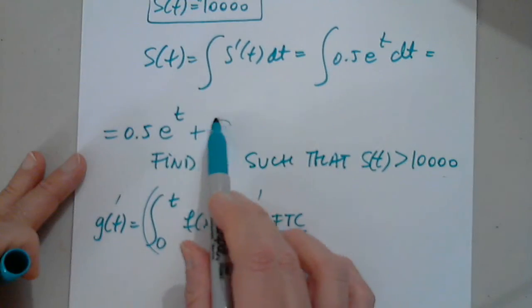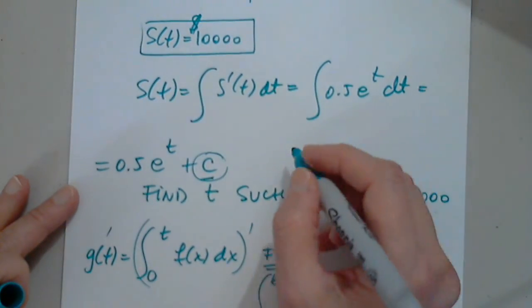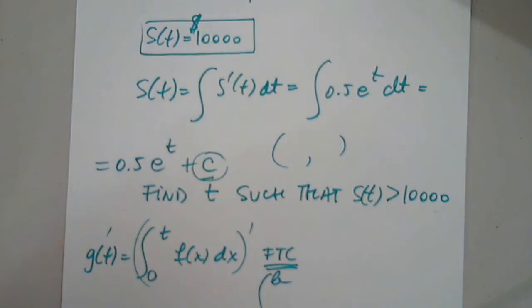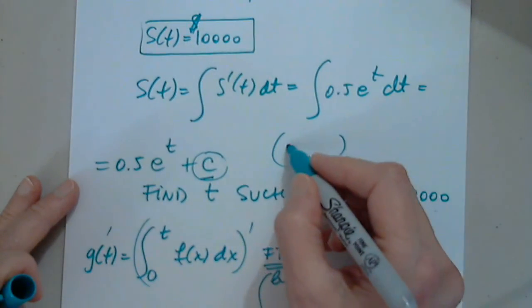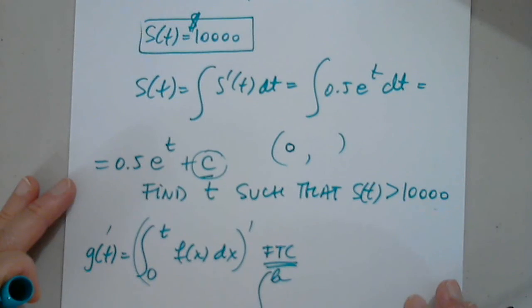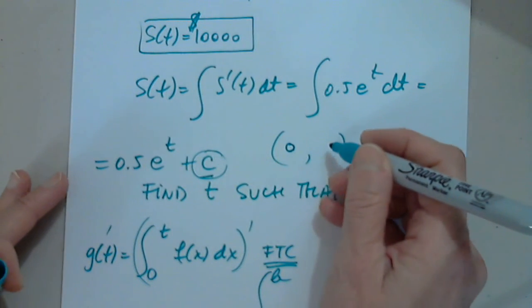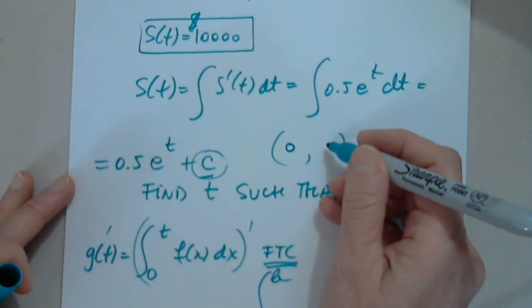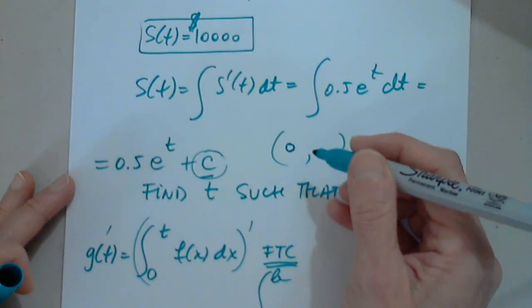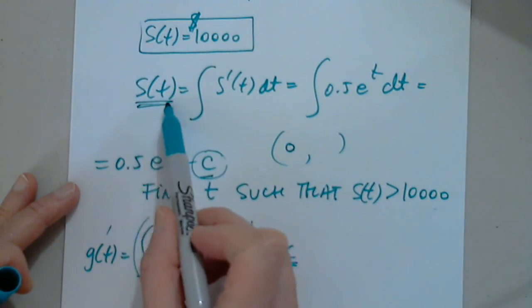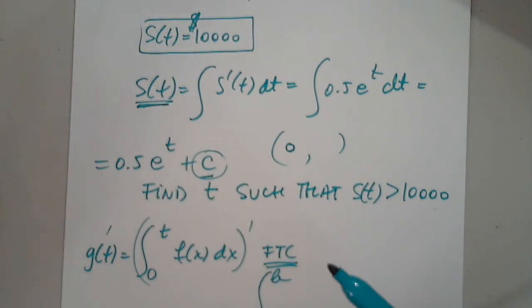So the idea about C is, let's determine a point. When time is 0, initially, how many do we sell? In my opinion, when I start the production, I don't sell anything.